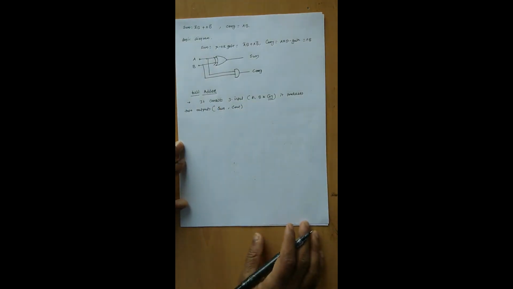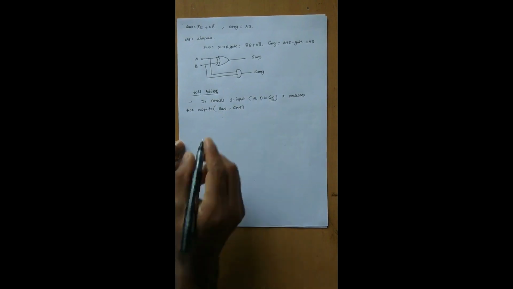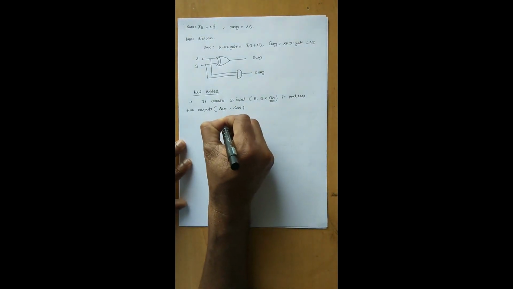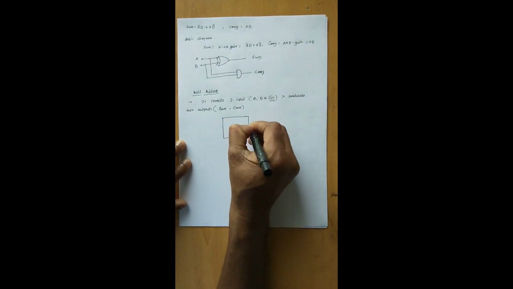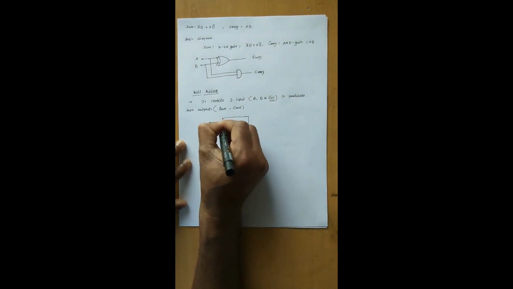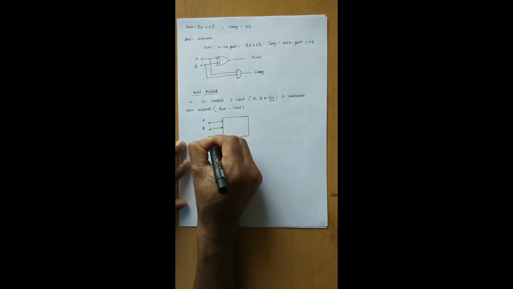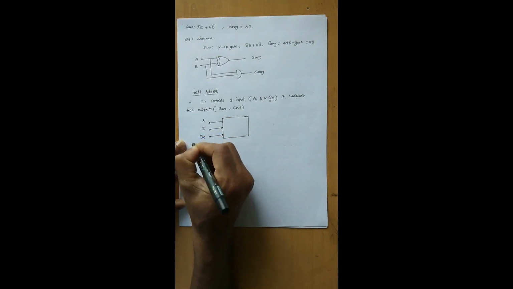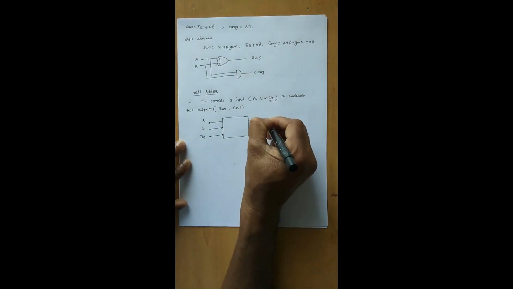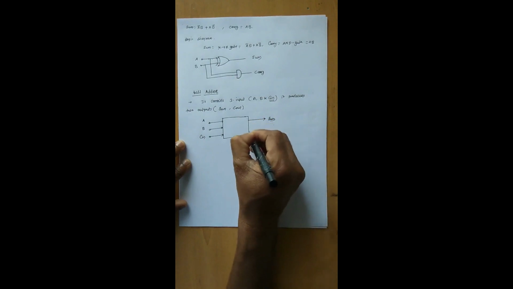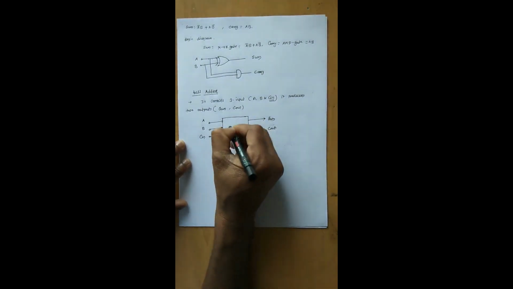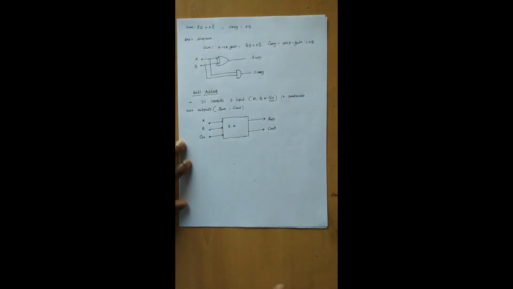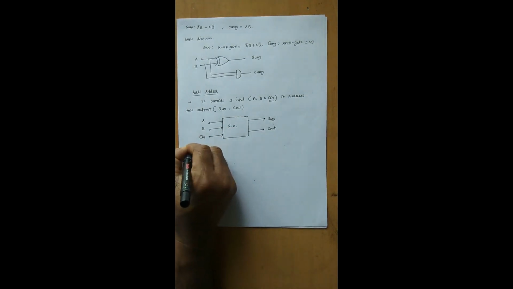This is the explanation or definition of the full adder. Then let's go through the block diagram. It consists of input A, input B and input C in, and produces outputs sum and C out. This is the block diagram of the full adder.